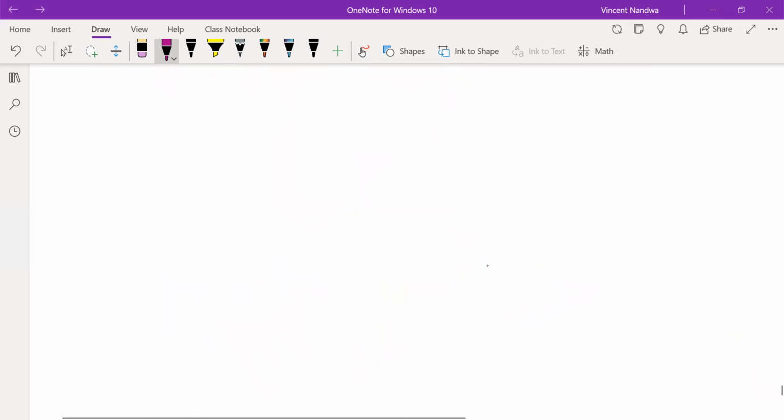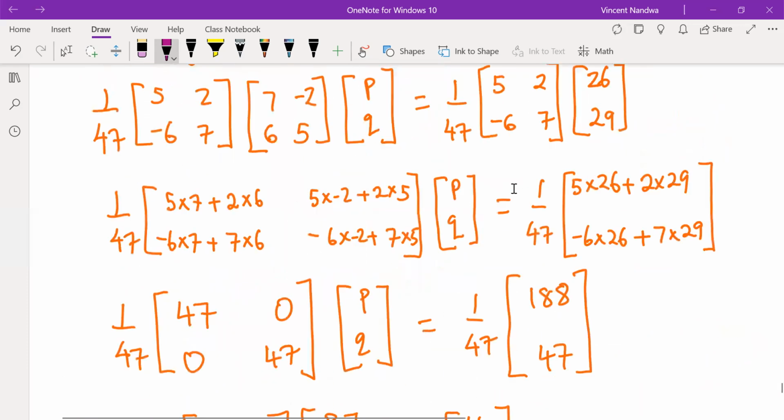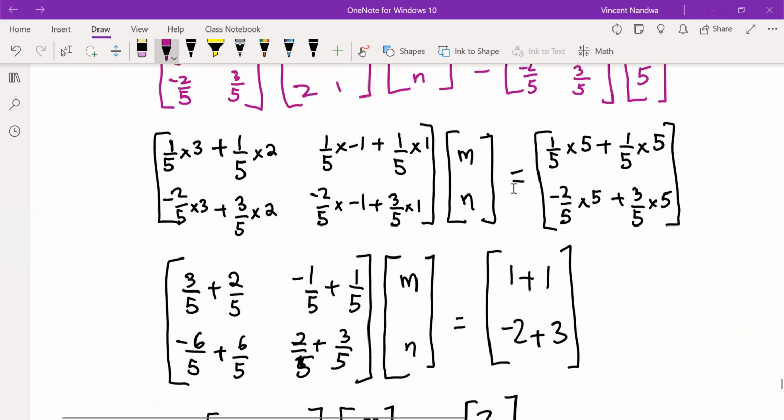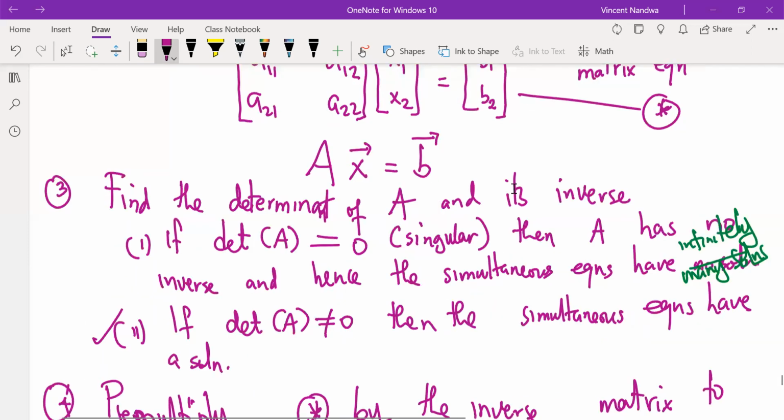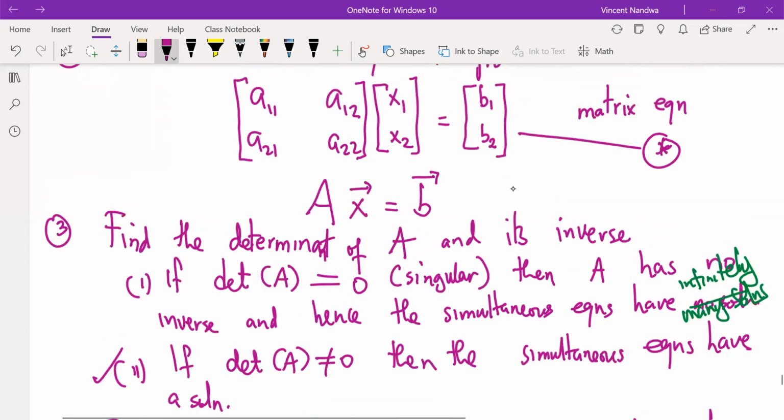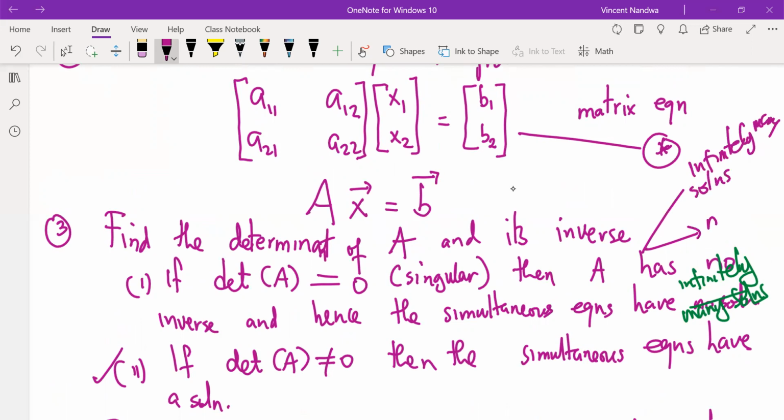So therefore, when determinant of A is 0, then either we have infinitely many solutions, or we have no solution. So that's how we work out solutions to simultaneous linear equations involving use of matrix method.